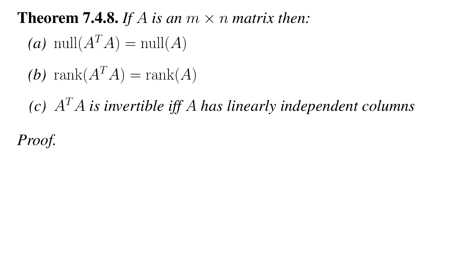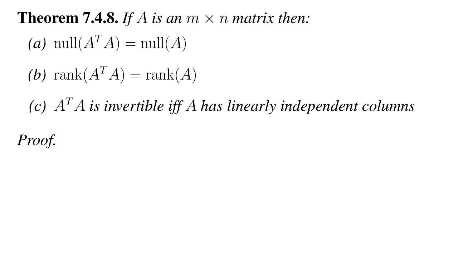And here are 3 properties about it. The first one is not at all obvious, but it is very important. It says that the null space of the Gramian is the same as the null space of A.